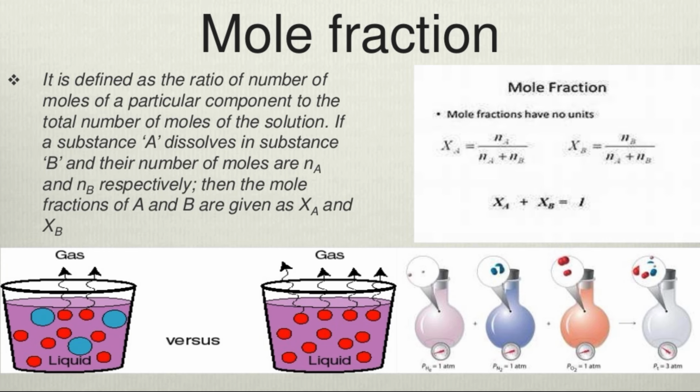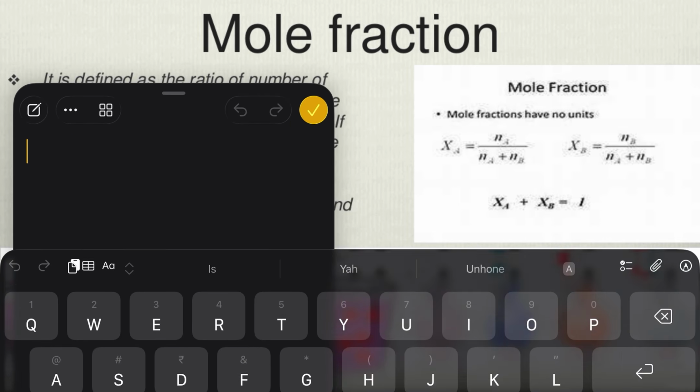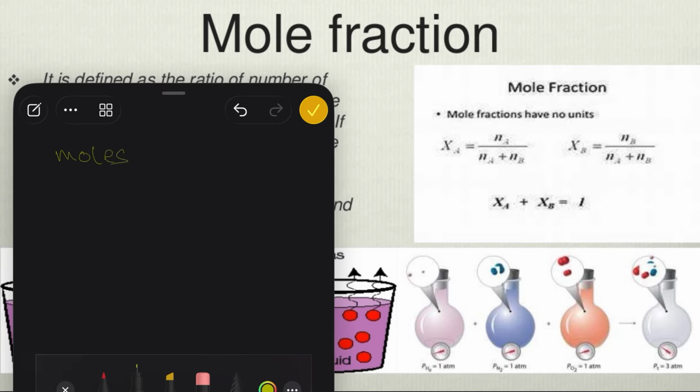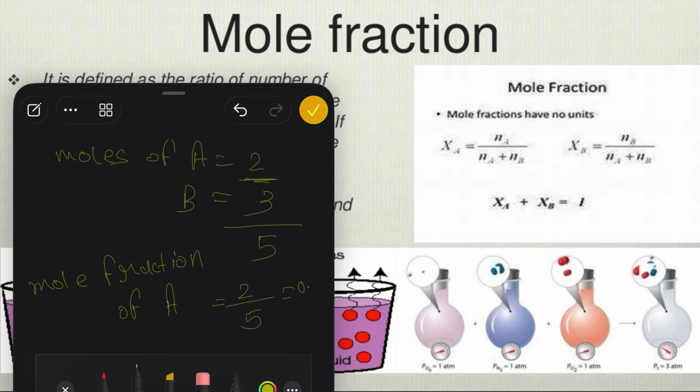When both are present, the total mole fraction is 1. Please remember. Let's take one example. If moles of A is 2 and B is 3, the total is 5 moles. The mole fraction of A is 2 divided by 5, which is 0.4. The mole fraction of B is 3 divided by 5, which is 0.6.